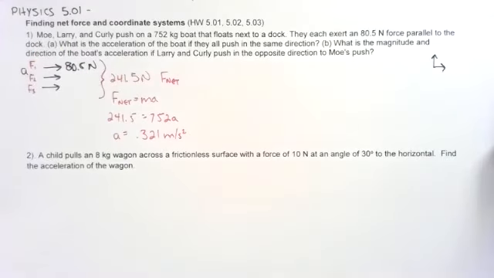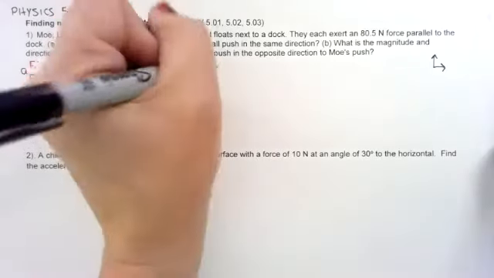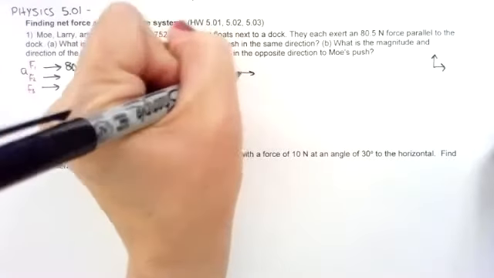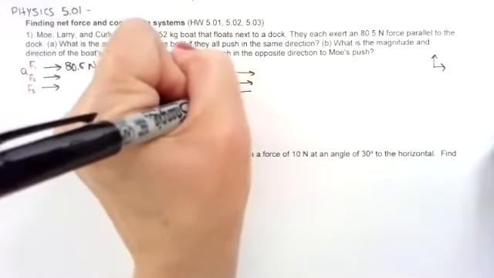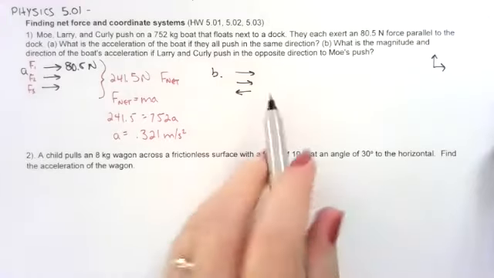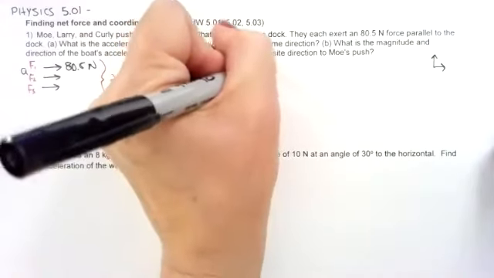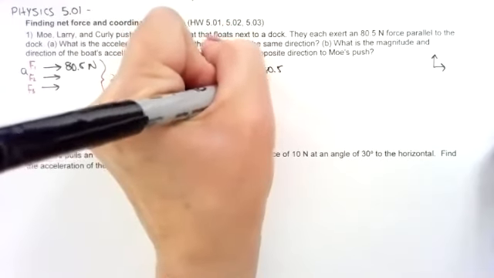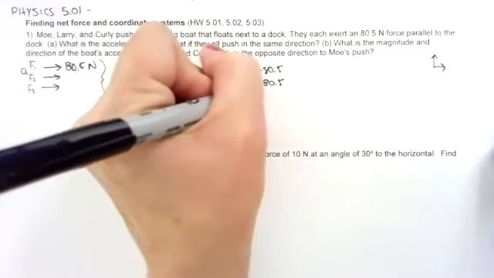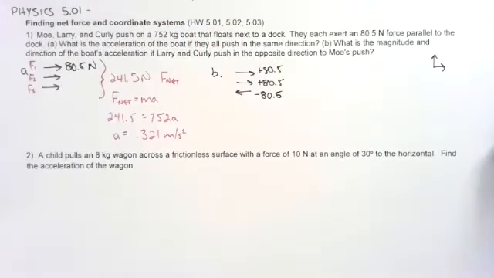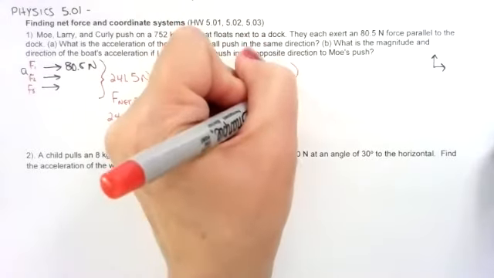All right, what about part B? So Larry and Curly are still pushing this way, but they're pushing in the opposite direction as Mo. Well, this is still 80.5, but this is going to be positive 80.5, positive 80.5. This one's negative 80.5. So now my net force is just going to be 80.5.